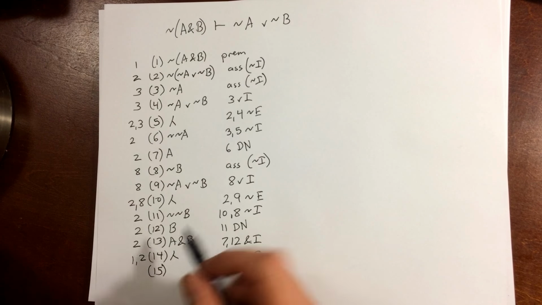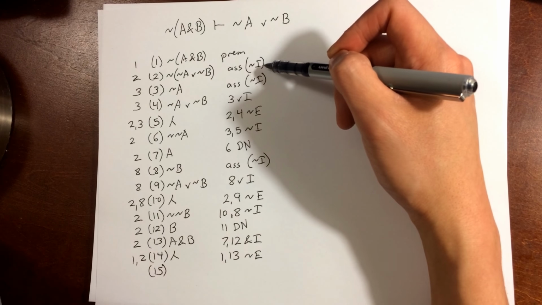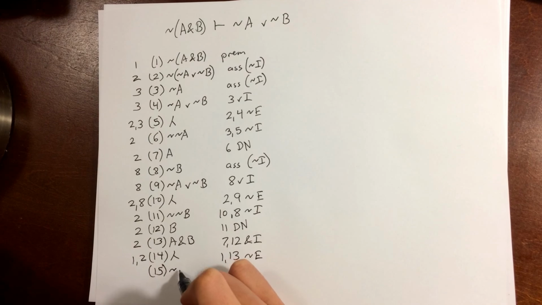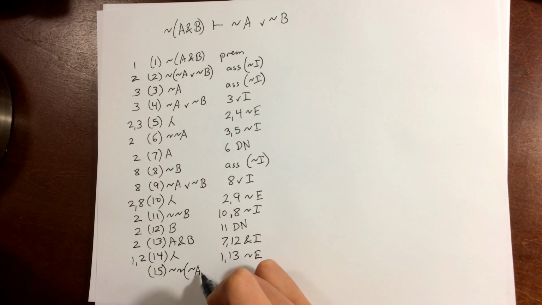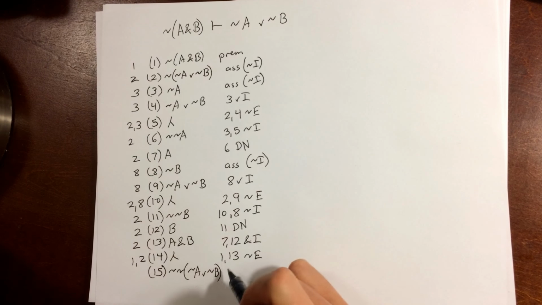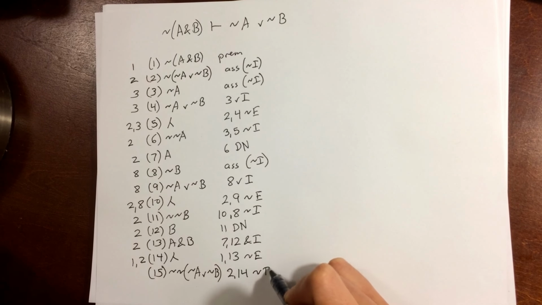Okay, with the last contradiction, we now get to discharge our assumption that we started with. Right, so we place a negation into that formula. It's from 2 and 14, negation introduction.